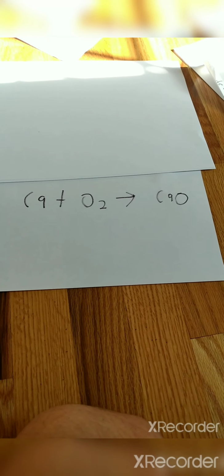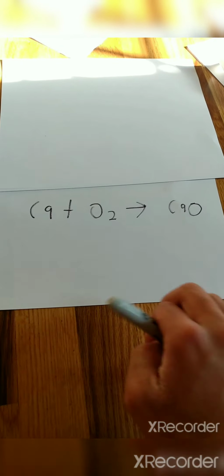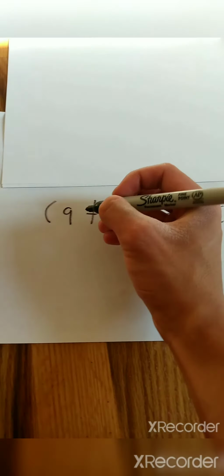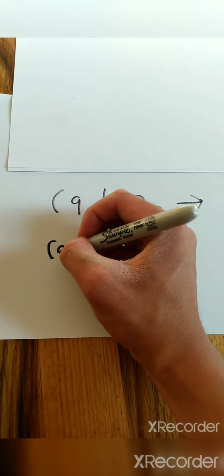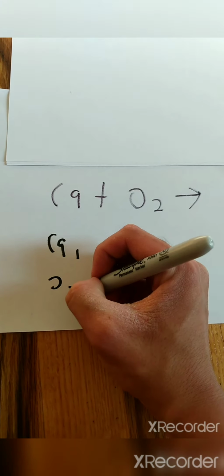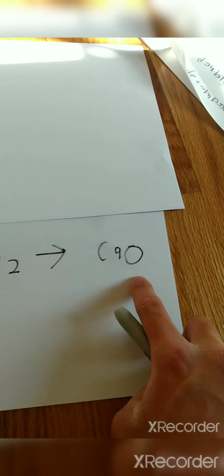Like in the last video, we've been trying to balance this formula. While balancing them, we have to have every element have the same number of atoms because they want to have a fair share. So calcium is going to have 1 atom, and oxygen is going to have 2 atoms. That arrow is telling you that this is going to turn into that.